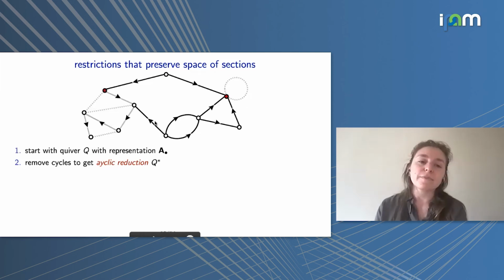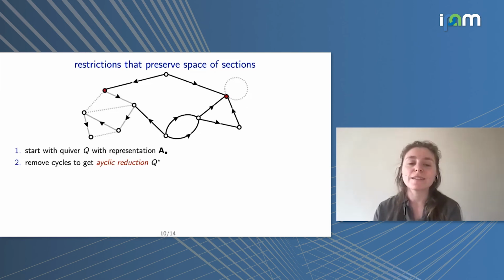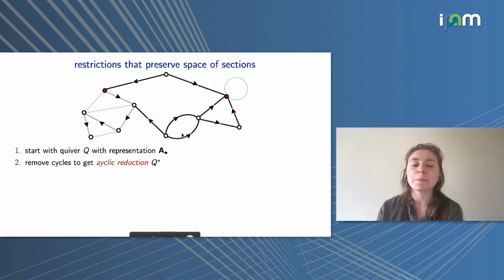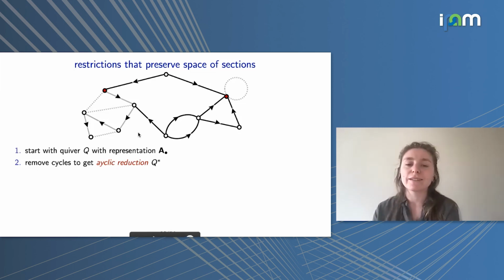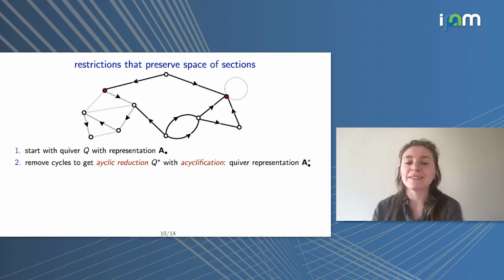So we have a way to remove these cycles. So this is our Q star, our acyclic reduction. And it comes with a quiver representation, which we call the acyclification, and is denoted by A star.